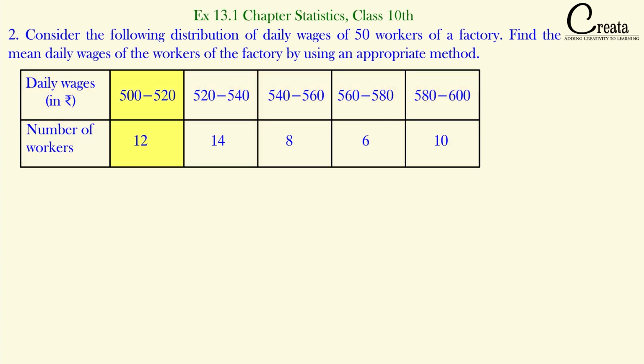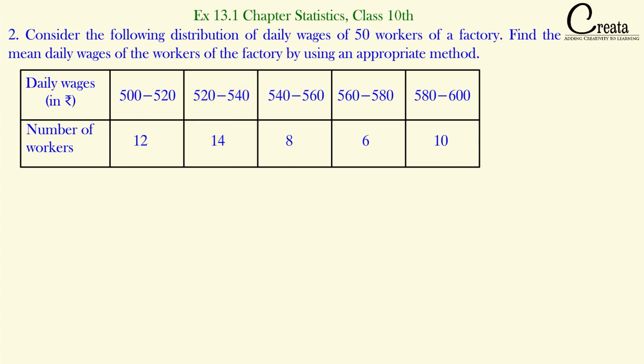If we observe this column, 12 workers are getting the wages in the range of 500 to 520 rupees per day. 14 workers are getting the wages in the range of 520 to 540 rupees.